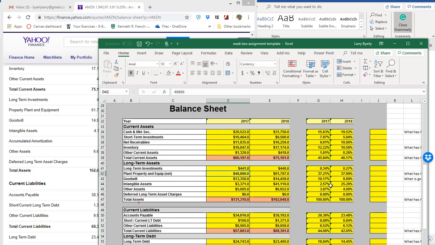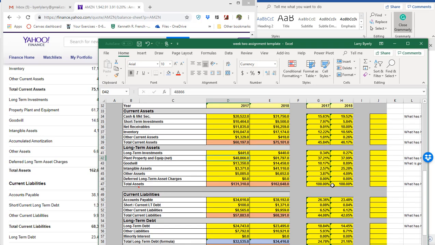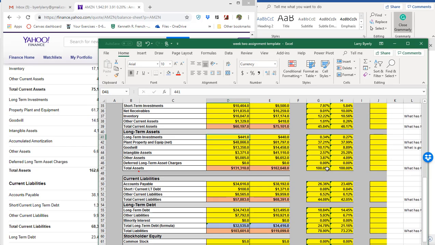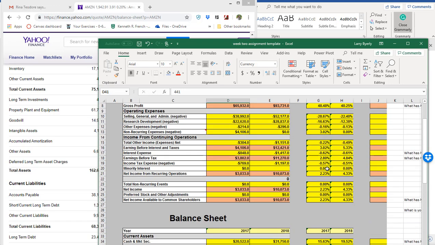There you go. Okay. And that's the nice thing about Excel if you're using formulas. If you see something that's wrong, you say, well, let me double check the numbers, make sure my math is right, make sure my formulas are correct so that you can correct it. So that's how you're going to complete the common size analysis.